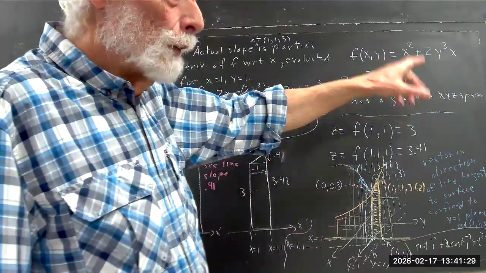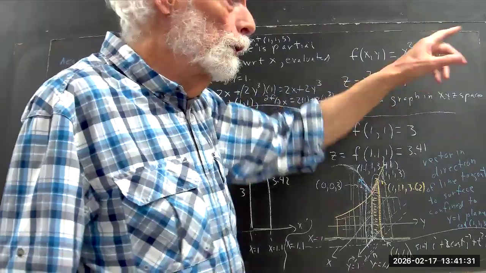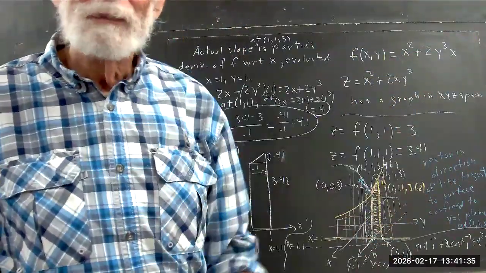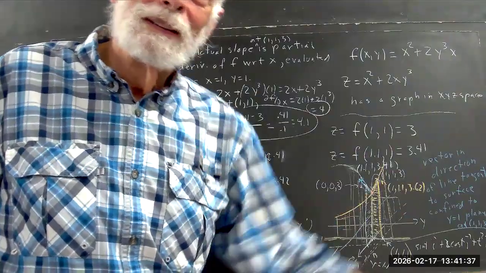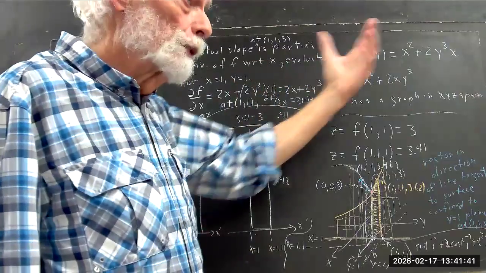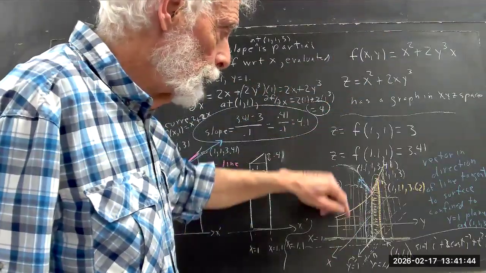Now the surface, if x equals 1, is 1 plus 2y cubed. Just a y cubed graph, like an x squared graph, but a little more extreme, okay? And it's 2y cubed, so it's got twice the slope and all that.